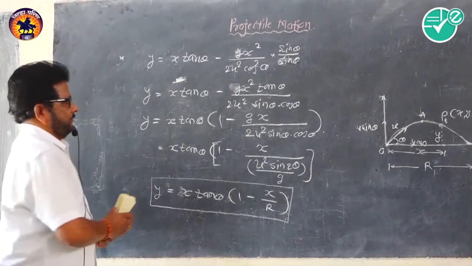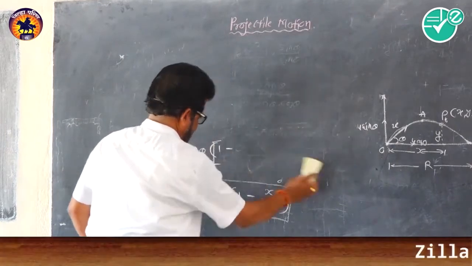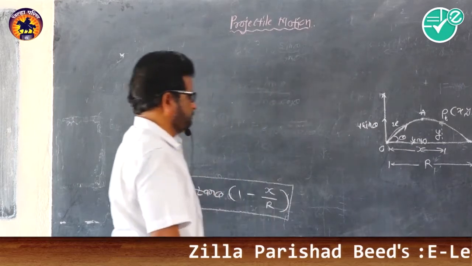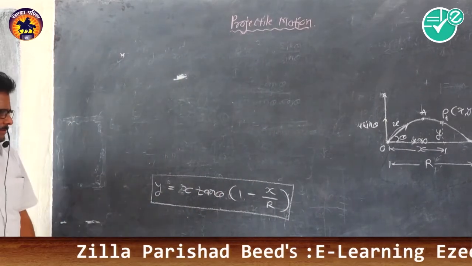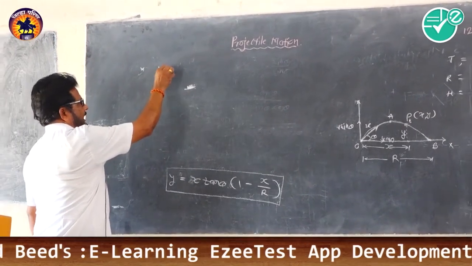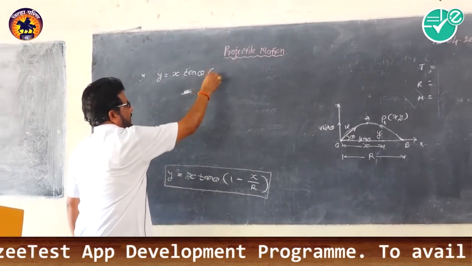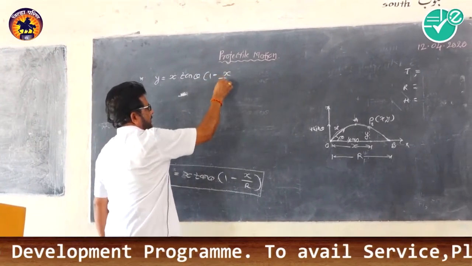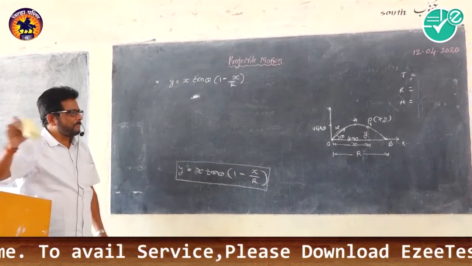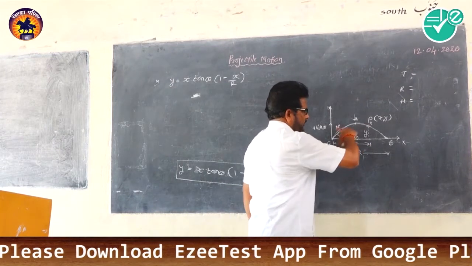Now, with the help of this equation, suppose the equation of the parabola is y equal to x tan theta into 1 minus x by R. Any point P is on the trajectory.